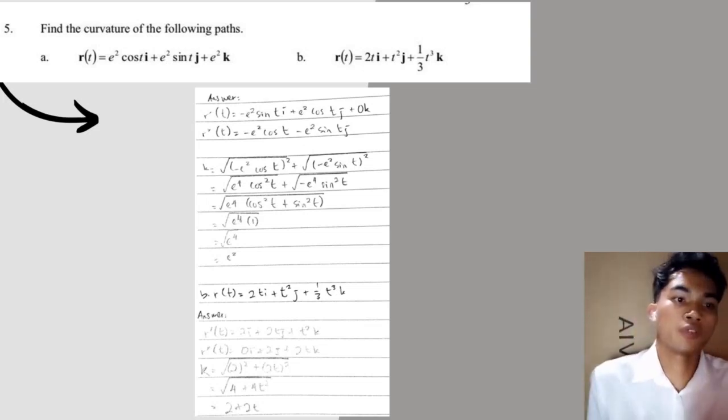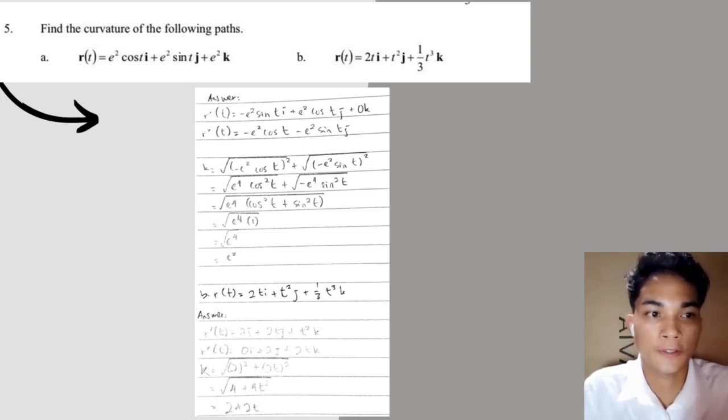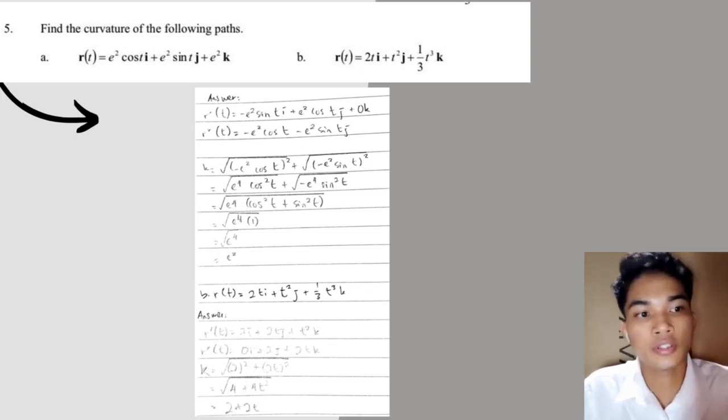Then we differentiate it. We will get 2i + 2tj + t²k. Then we differentiate the answer again. We will have 0i + 2j + 2tk.